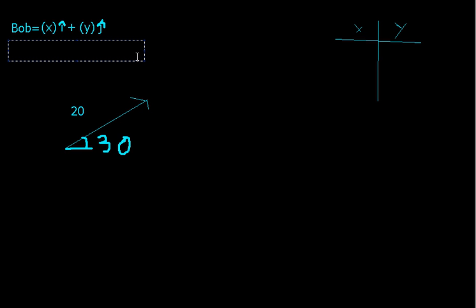So we could say that vector Bob, if you remember, is, well, how can we express this? Let's say, okay, what is the x component? I'm going to put all of this in brackets, because we are going to need to multiply it by something in a second. Maybe you can guess what. I'm going to use t in place of theta, because it's just faster. So what is the x component?